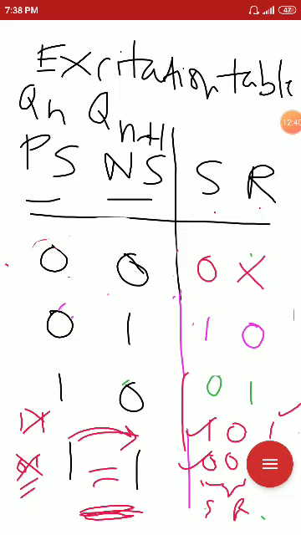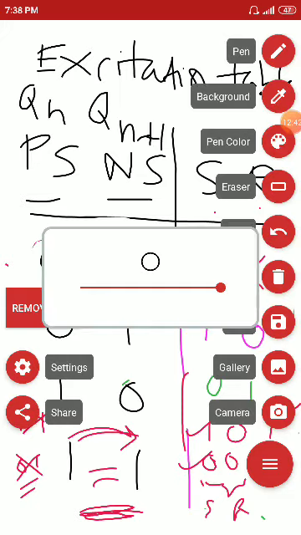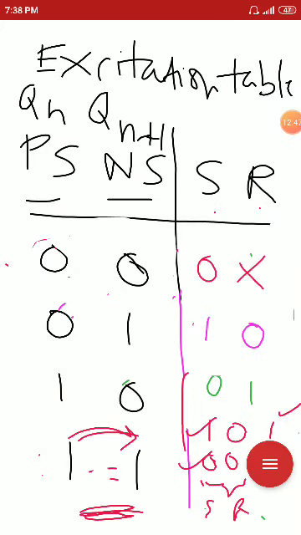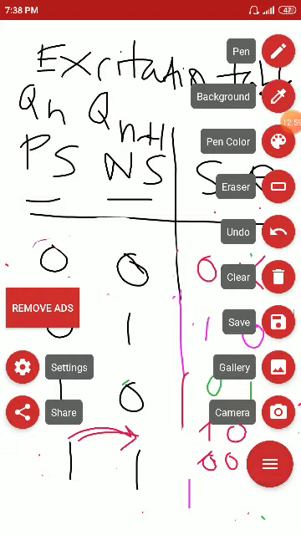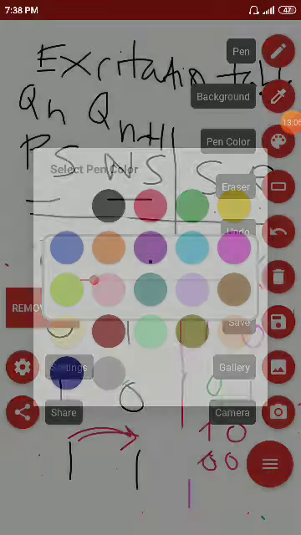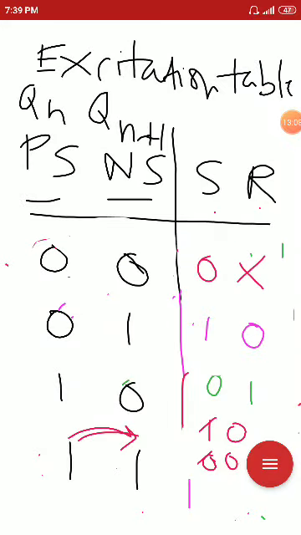So the only possible conditions satisfying 1 to 1, that is present state 1 and output 1, are 1 0 and 0 0. From the picture we can see S can be either 1 or 0, but R is always 0.